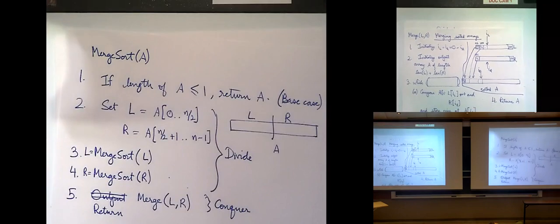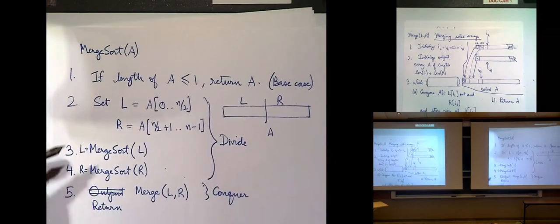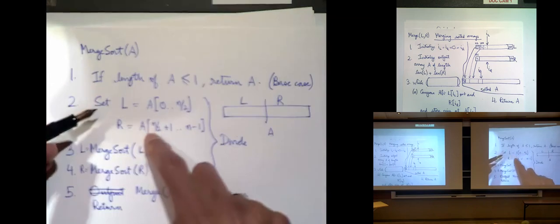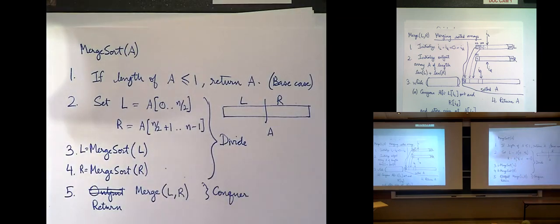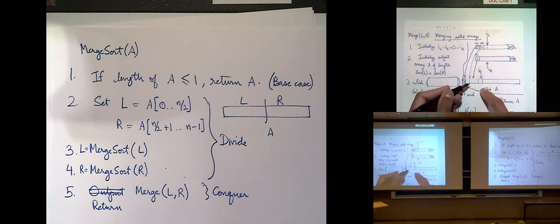The reason that it requires extra memory is, let's go back to the merge sort procedure. Imagine that you're calling this. L and R you don't really need to reallocate. You can just take whatever array you have and put a pointer to get L and R. But at some point, you have to call the merge operation. And when you call the merge operation, it initializes a fresh array and then copies everything using this mechanism.